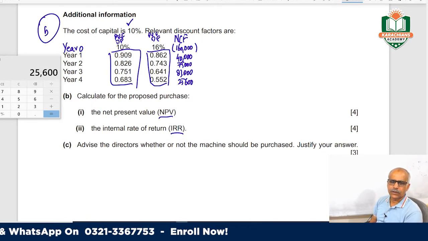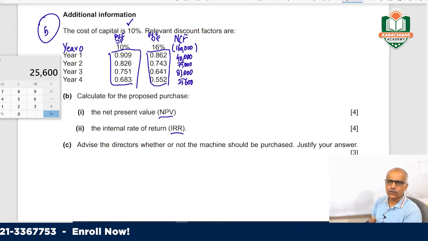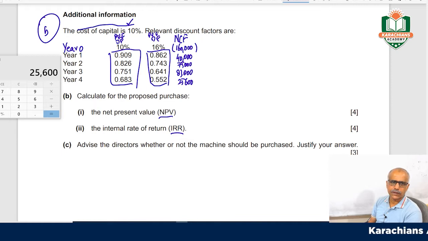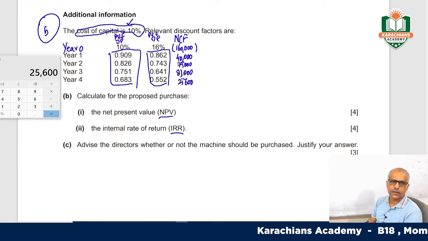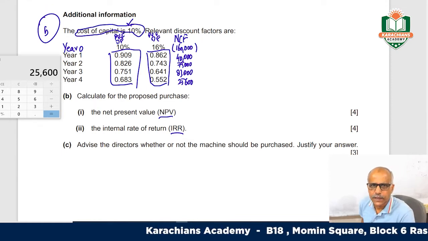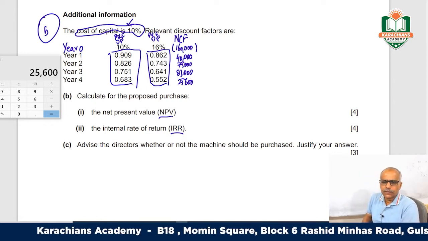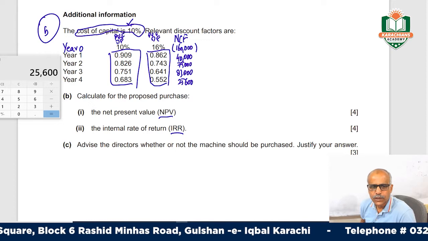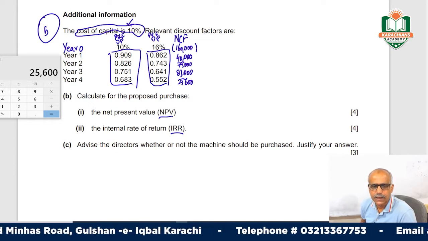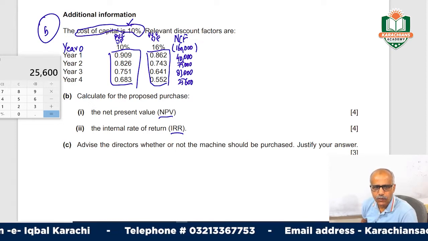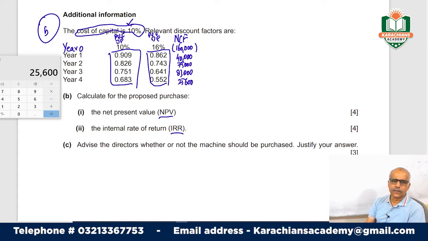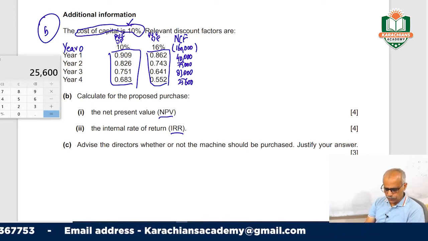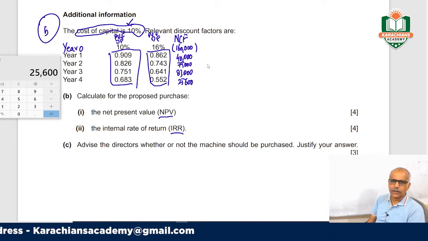But actually, because your cost of capital is 10%, you have to calculate NPV on 10%. But if you want to calculate IRR, then you have to calculate 16% NPV also, because when you increase the discount rate, your NPV becomes negative, right?